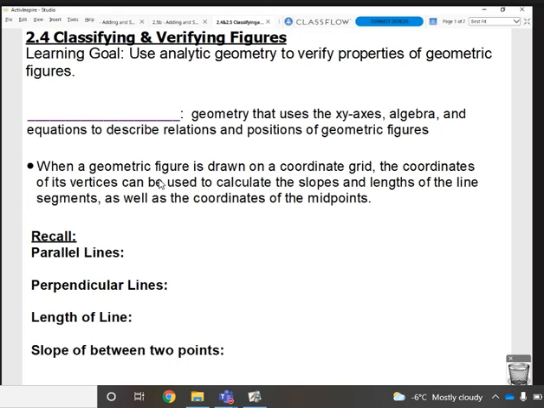That was your very first taste of analytic geometry. We're looking at 2-dimensional shapes on an XY plane, like the Cartesian plane, and we use some algebra to determine what type of shape, quadrilateral or triangle it might be, or to confirm that it's a right triangle. How might we do that?